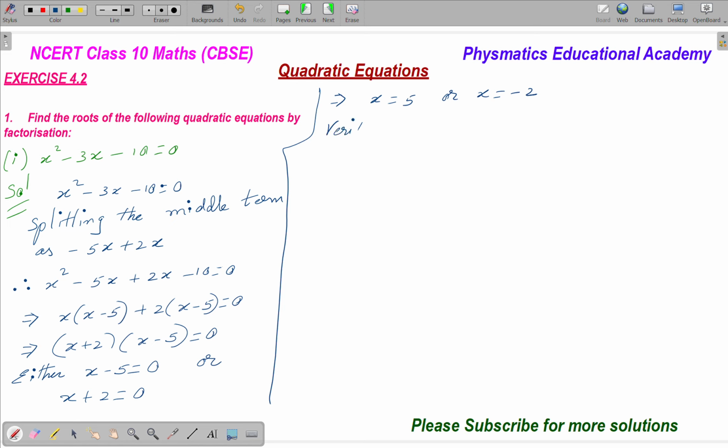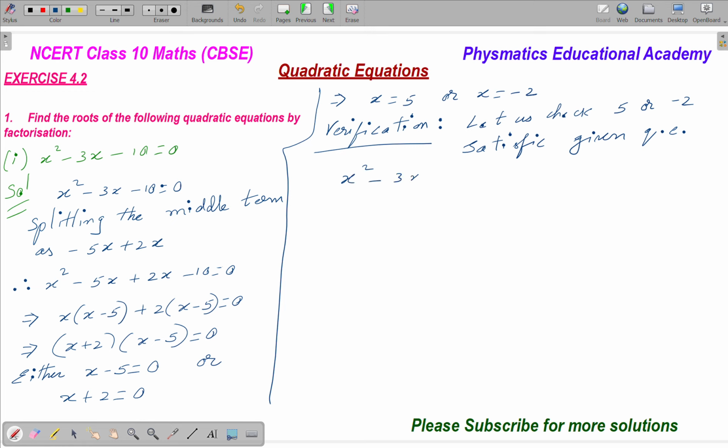Now verification. Substituting these values in the given quadratic equation, let us check that 5 and minus 2 satisfy the given quadratic equation, x square minus 3x minus 10 is equal to 0.